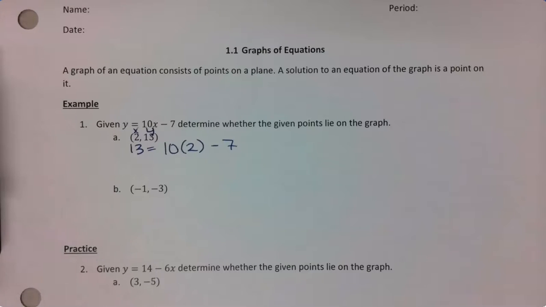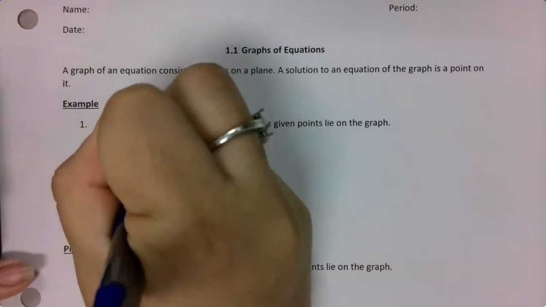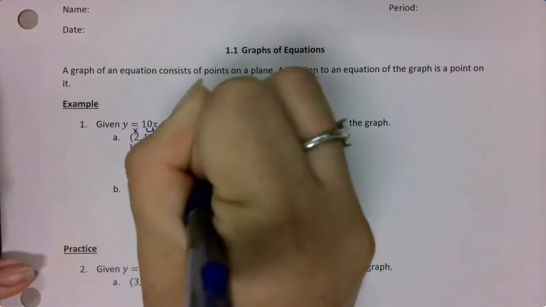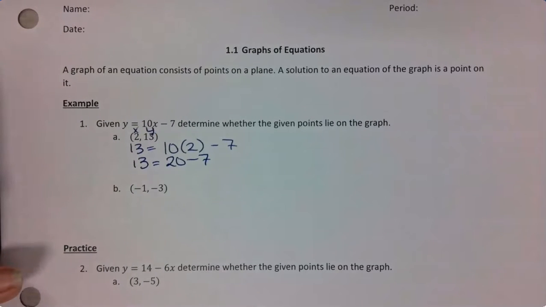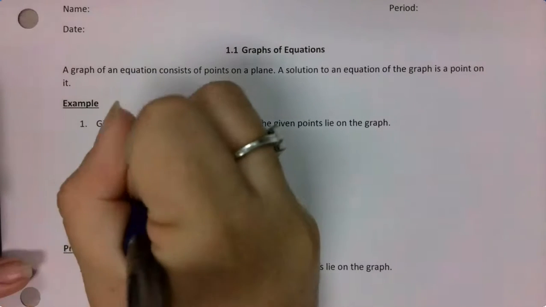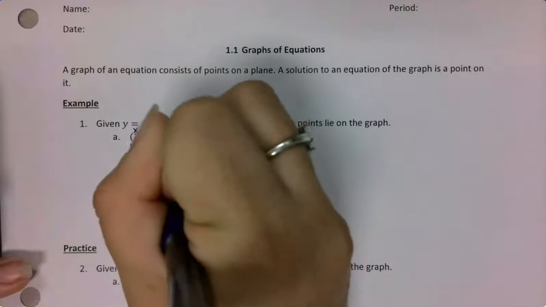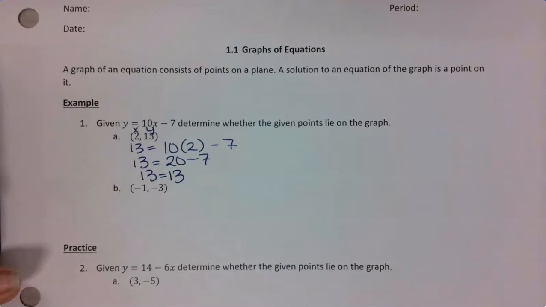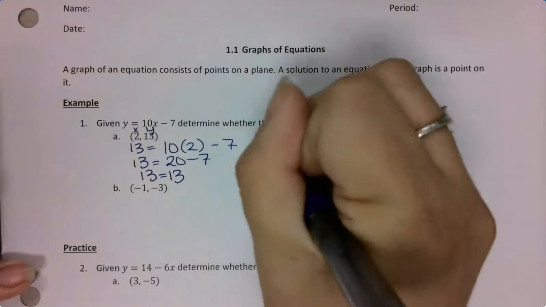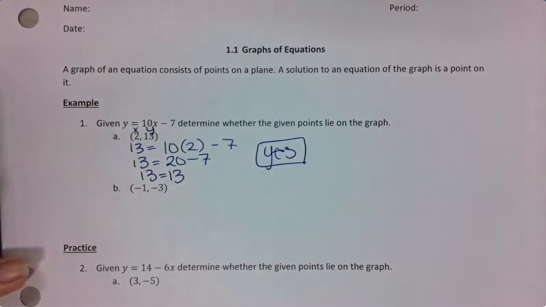Okay, so what is 10 times 2? 20. And when I'm doing this, I'm only changing things on one side of the equation. Then what is 20 minus 7? So, does 13 equal 13? Yes. So this is yes for my answer.